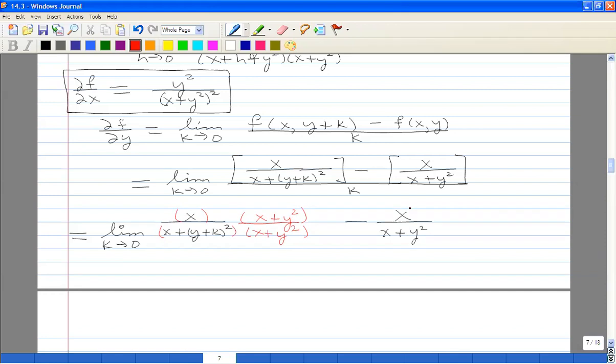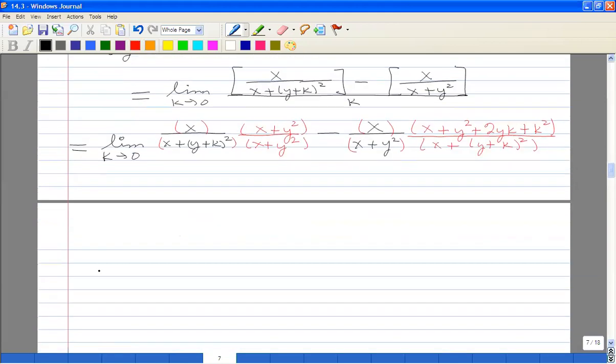And let's multiply and divide the second term here by x plus, let's multiply this out, y squared plus 2yk plus k squared over x plus y plus k squared. And so, all divided by k.